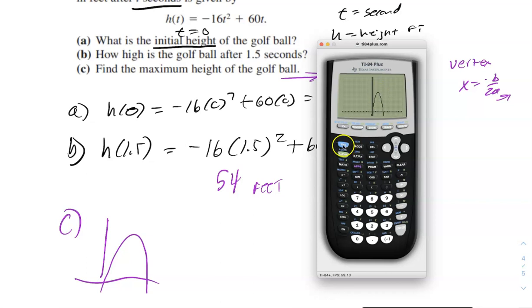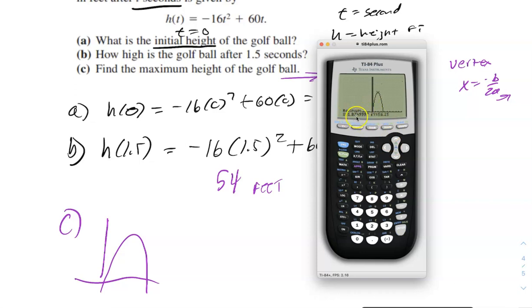Let's find our max. So second, calculate, trace. Let's find the maximum. There we go. All we have to do is go a little left and roll right a bit. Right now we're at the 0. So go right. Around there's the max, but we won't actually find it. So go a little left, hit enter. Little right, hit enter, hit enter. And then there's our max.